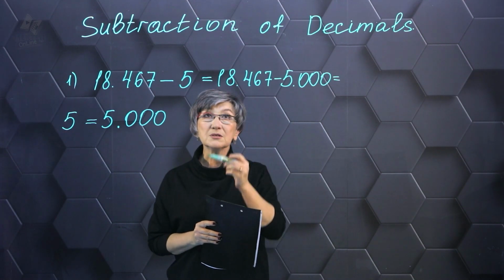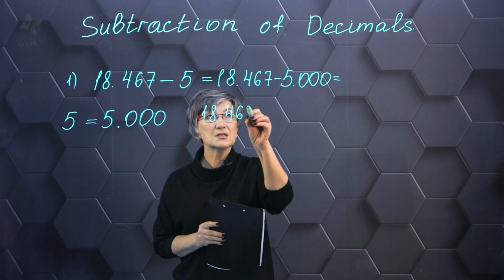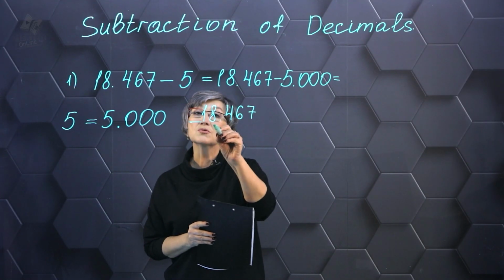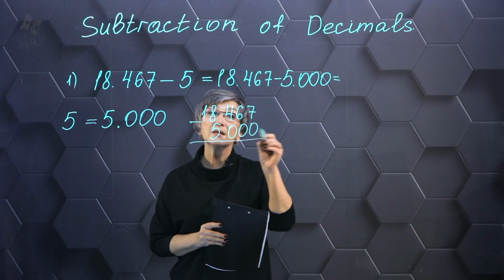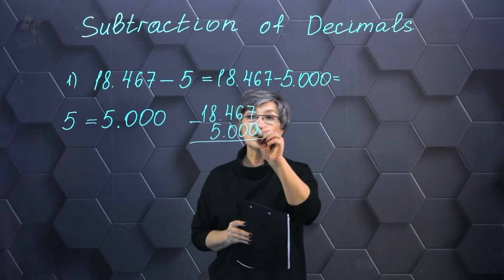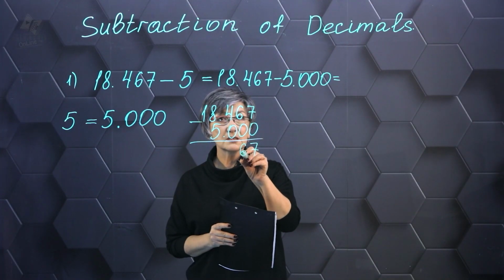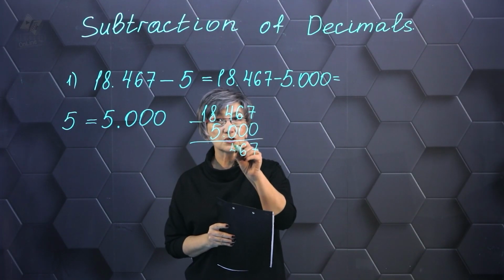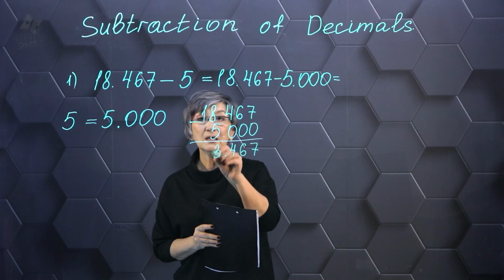Well, we already know how to do it. 18.467 minus 5.000. Subtract. 7 minus 0 is 7. 6 minus 0 equals 6. 4 minus 0 equals 4. Then we have a decimal point. 8 minus 5 equals 3.